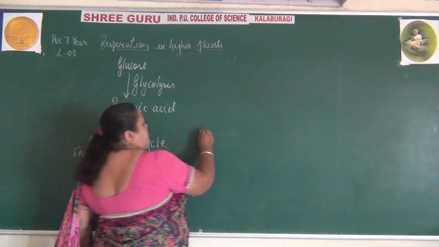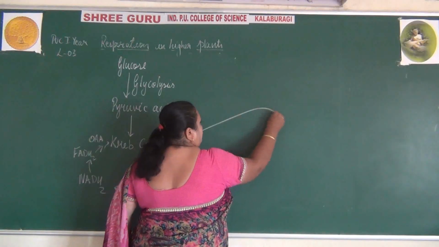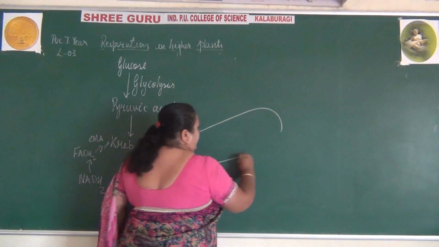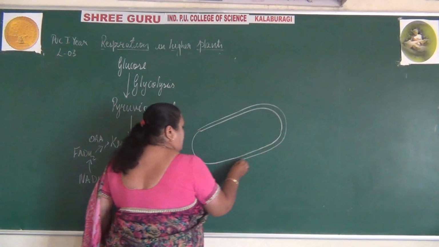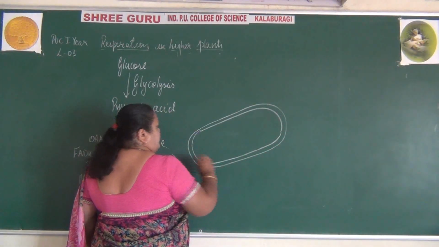Already we have studied the structure of the mitochondria, which has two membranes, outer and inner.